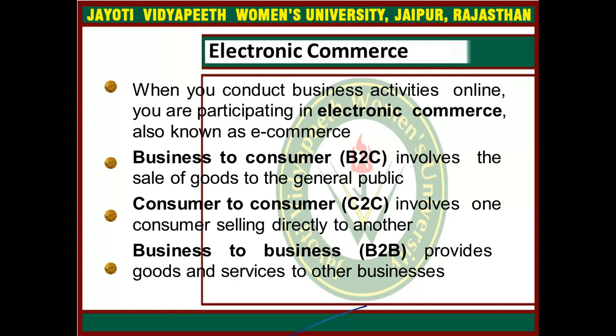Business to consumer, that is B2C, involves the sale of goods to the general public. Consumer to consumer, that is C2C, involves one consumer selling directly to another. Business to business, that is B2B, provides goods and services to other businesses.